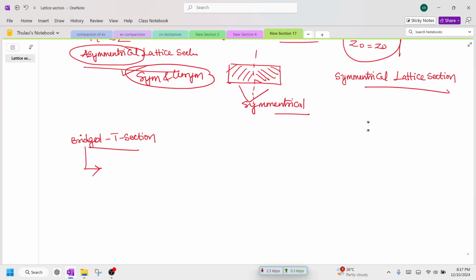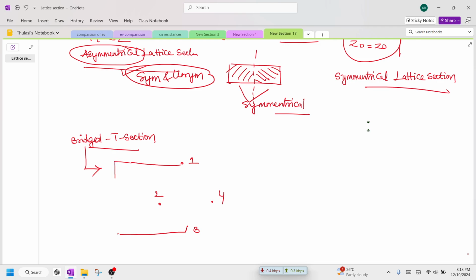We are going to have nodes 1, 2, 3, 4. I'm labeling this as 1, this as 2, this as 3 and 4.